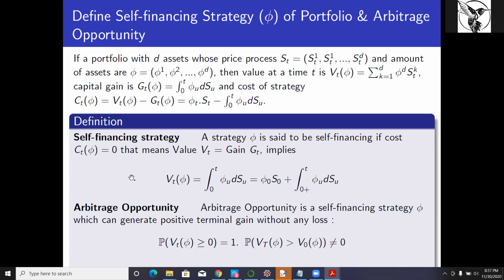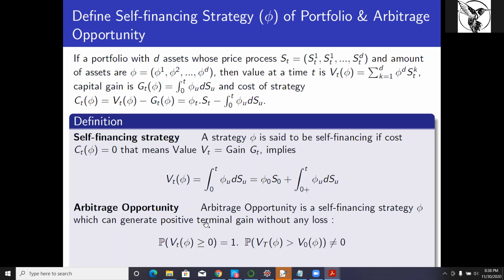Now another concept is called the arbitrage opportunity. An arbitrage opportunity is nothing but a self-financing strategy phi with certain conditions. What are the conditions? In an arbitrage opportunity there is no loss at all.